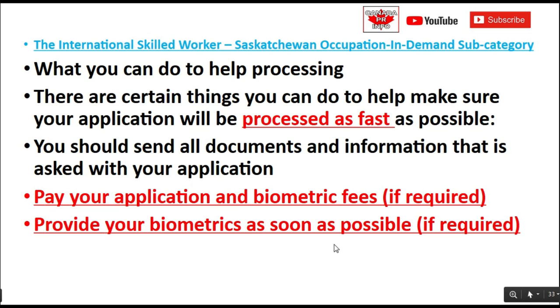So this is another difference as compared to the SINP Express Entry category. In the SINP Express Entry category, the biometric request is triggered after you pass the medical exam, whereas in the SINP OID category, the biometrics can be done upfront, and you should include the acknowledgement of receipt for the biometric completion along with the documents in your courier when you send it physically.